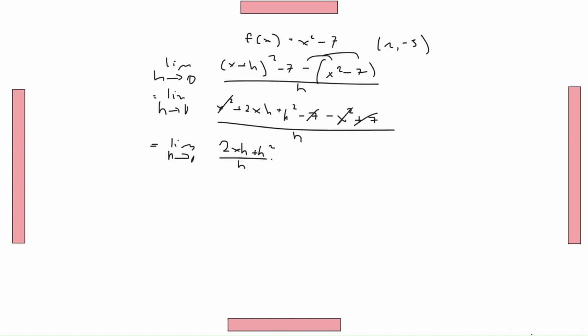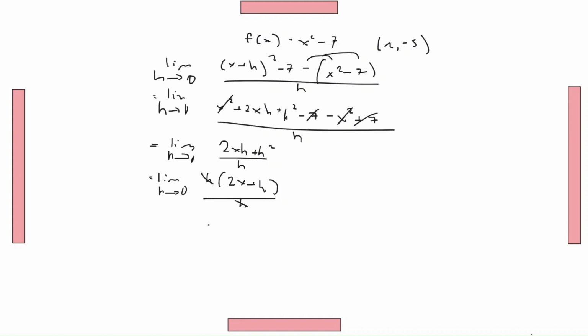Well, what you want to do is you want to take out an h. So let's take out an h and see what we'll have left over. So if we take out an h, it will be 2x plus just an h, because this is an h squared over an h. And now can we get rid of this h? We can, because the h is by itself.